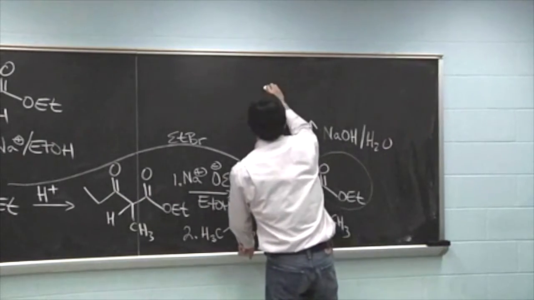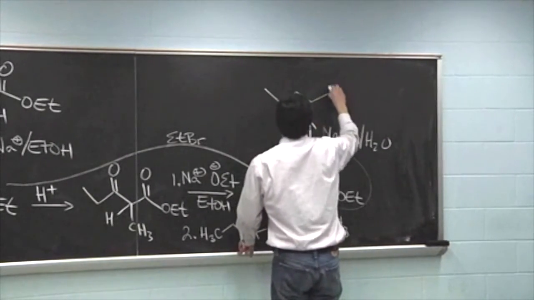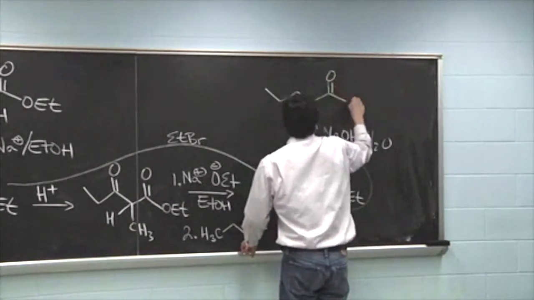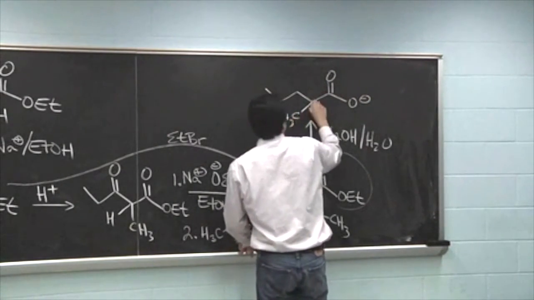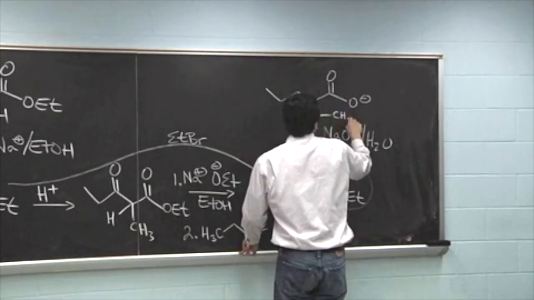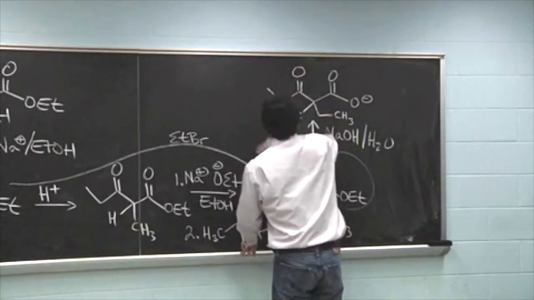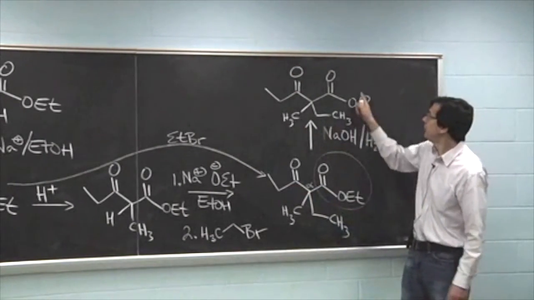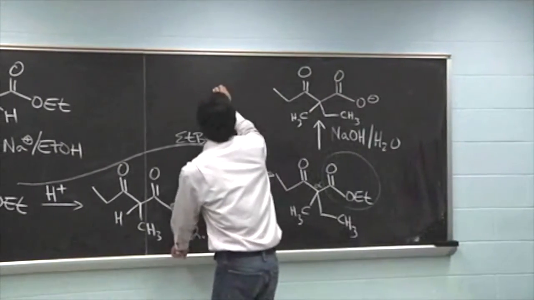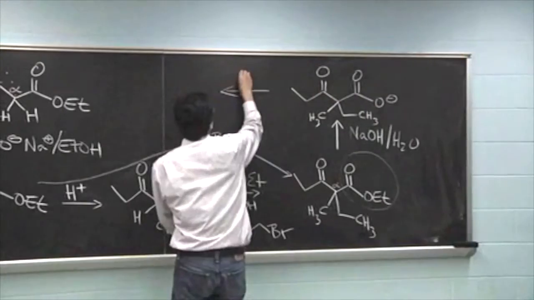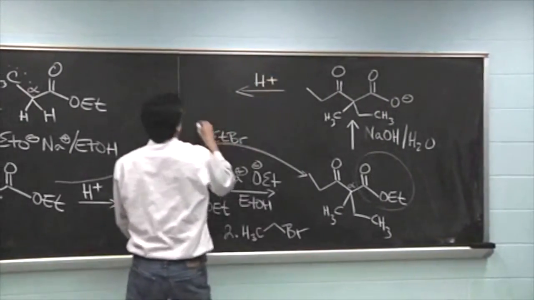That's going to give us the corresponding carboxylate. And then in order to do the decarboxylation, I need the carboxylic acid. I will acidify the reaction mixture.